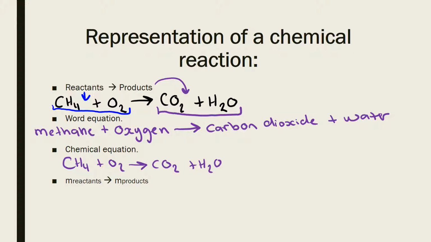Then we looked at mass of reactants equals mass of products. For example, if I was given the mass of CH4, let's say that is 2 grams, and the mass of O2 is 5 grams, and the mass of the CO2 is 3 grams.